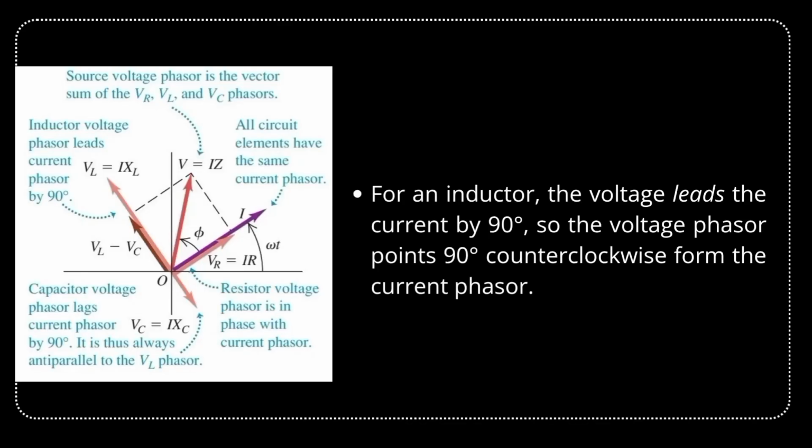Next, an inductor. The voltage leads the current by 90 degrees. So the voltage phasor points 90 degrees counterclockwise from the current phasor.